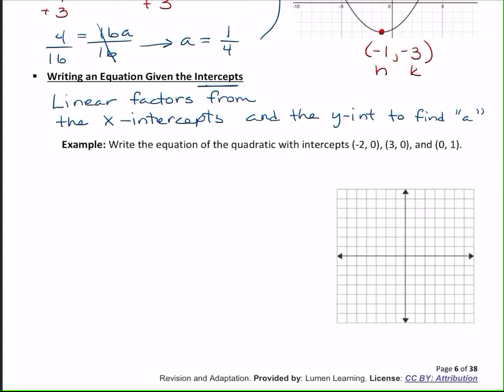So here we have: write the equation of the quadratic with intercepts (-2, 0), (3, 0), and (0, 1). So these are our x-intercepts, and this is your y-intercept.